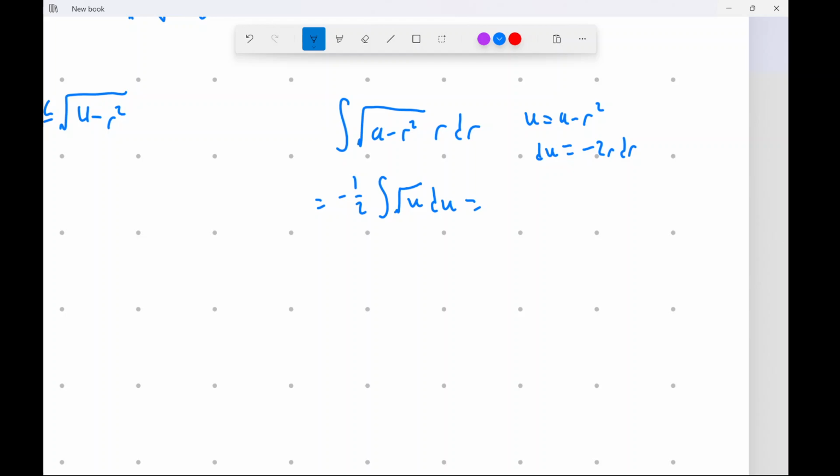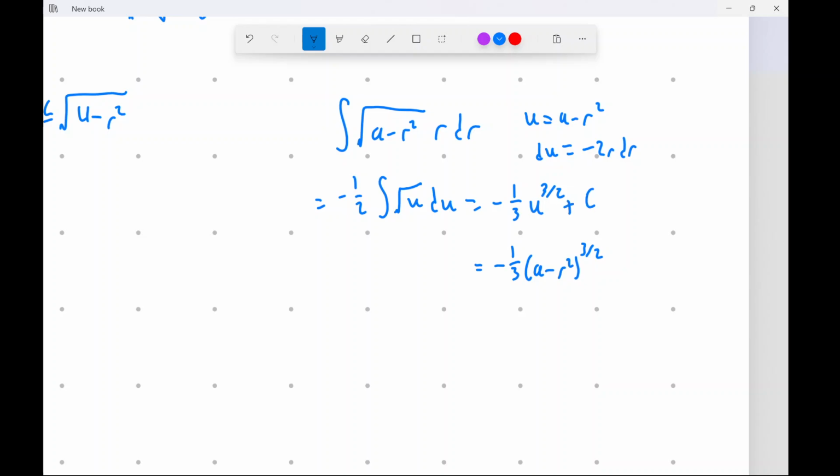which is negative 1/3 u to the 3/2. And we substitute in u, that's negative 1/3 times a minus r squared to the 3/2. And if we differentiate that, we do see that we get the original integrand back.